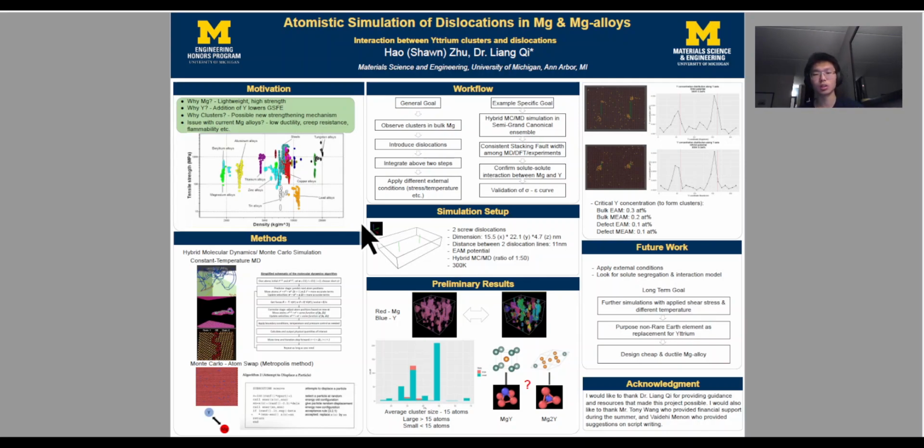So this is the direct evidence of clusters in magnesium. On the right, different colors just mean different clusters identified by the cluster identification algorithms.